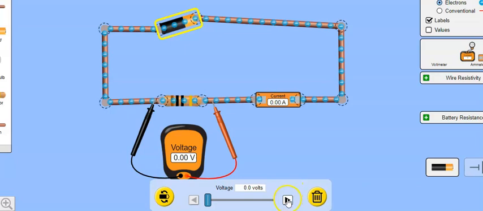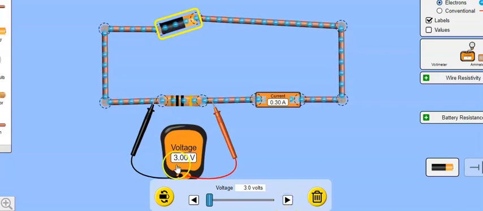So I'm going to go up to a voltage of 1. Now there's 1 volt between the ends of the resistor, 1 volt across the resistor, and the current is now 0.1 amps. If I go up to 2 volts, the current has doubled up to 0.2 amps. You're going to see a pattern and trend here very obviously, very quickly.